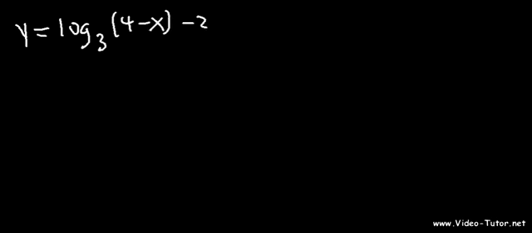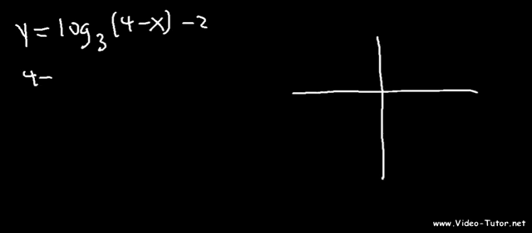Now, let's try this one. Log base 3 of 4 minus x, minus 2. So let's plot the vertical asymptote first. Well, we've got to find it though.